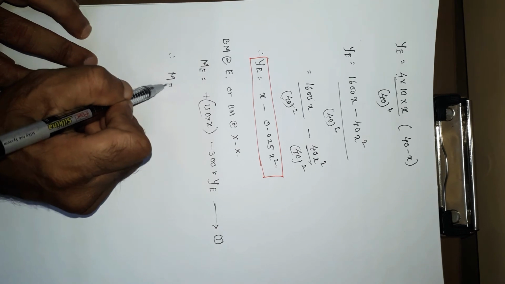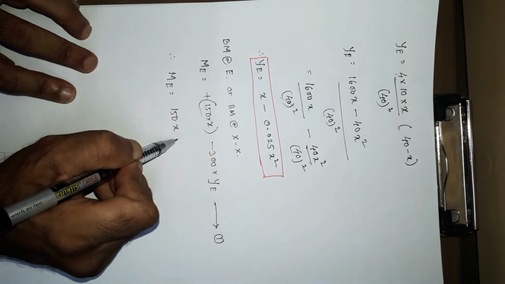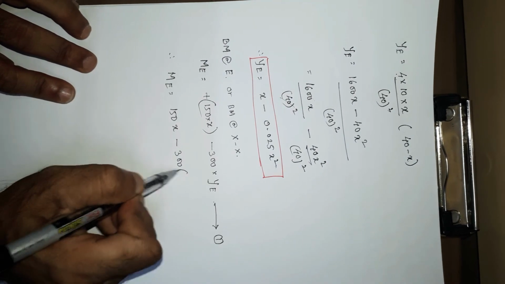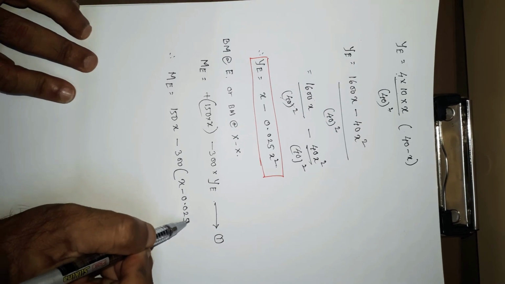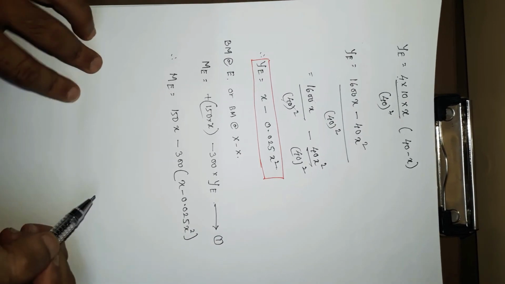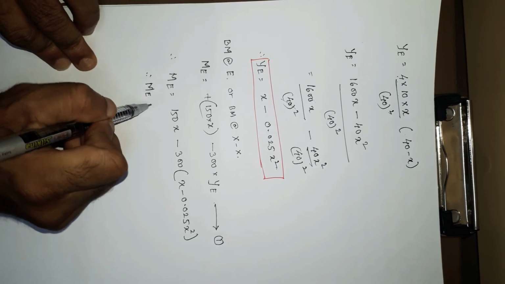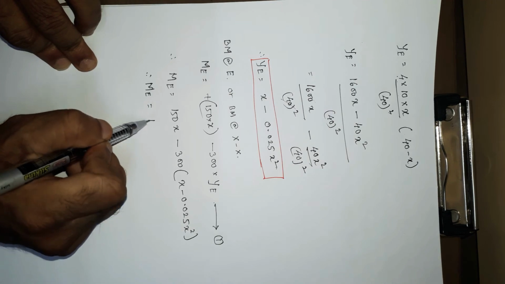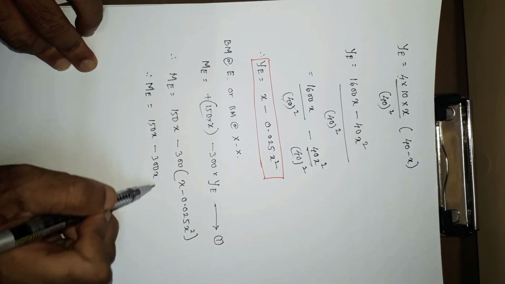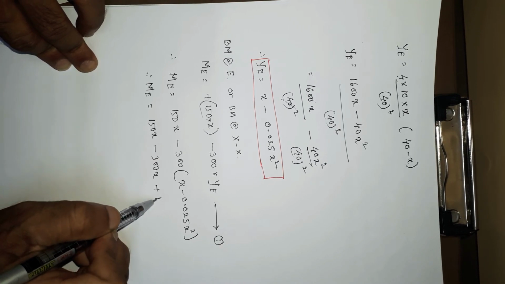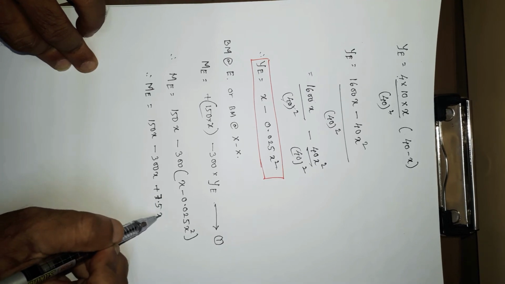Substituting this YE value in equation 1, we get ME equal to 150 into X minus 300 into YE, where YE is X minus 0.025 X square. Therefore ME is equal to 150x minus 300x plus 7.5 x square.